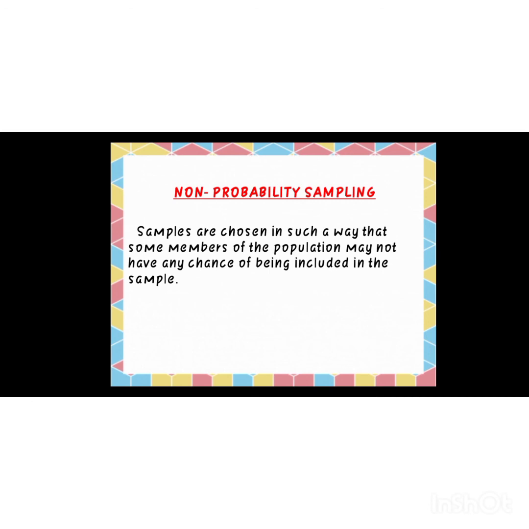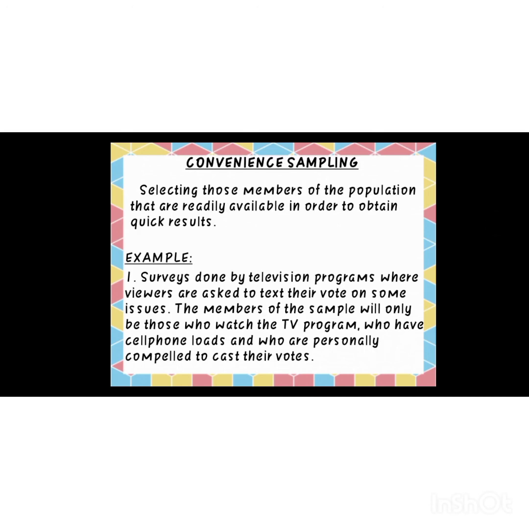Okay, non-probability sampling. In non-probability sampling, these samples are chosen in such a way that members of the population may not have any chance of being included in the sample. Okay, so there are two types, convenience and quota. So first, let's go ahead and discuss the convenience. So when I say convenience sampling, it is selecting those members of the population that are readily available in order to obtain weak results.